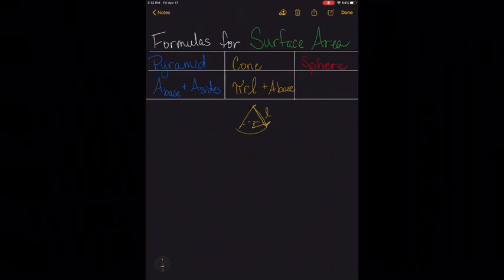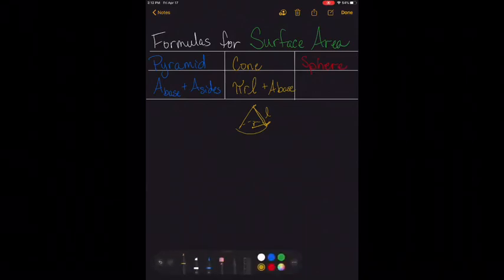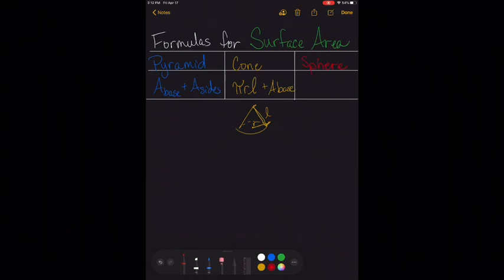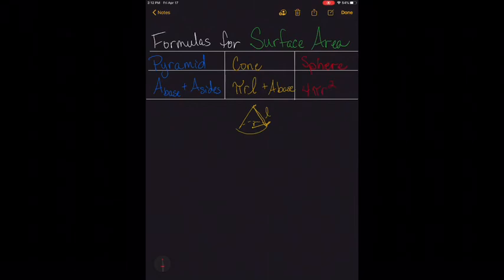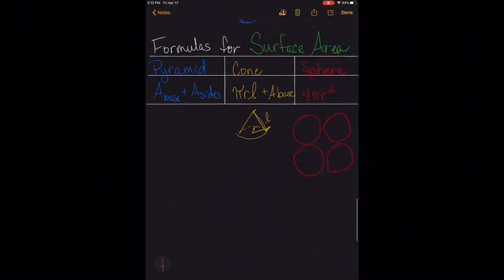So they have to give you the radius so that you can find the area of that base. And then the surface area for a sphere is actually 4 pi r squared. So what that's saying is that you could take 4 circles, all of the same size, and cover a sphere.